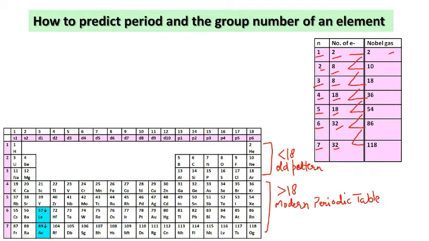If the atomic number is more than 57, you can remember these two numbers, 57 and 89, then you have to subtract an additional 14, because the 4f and 5f series of elements are kept outside the periodic table and no group numbers are assigned to those 14 elements.